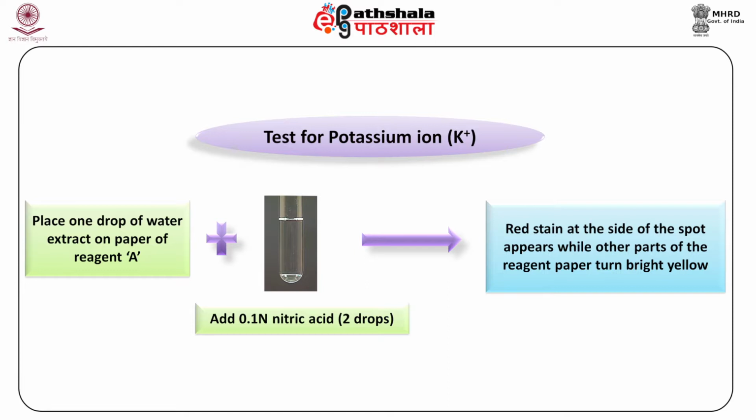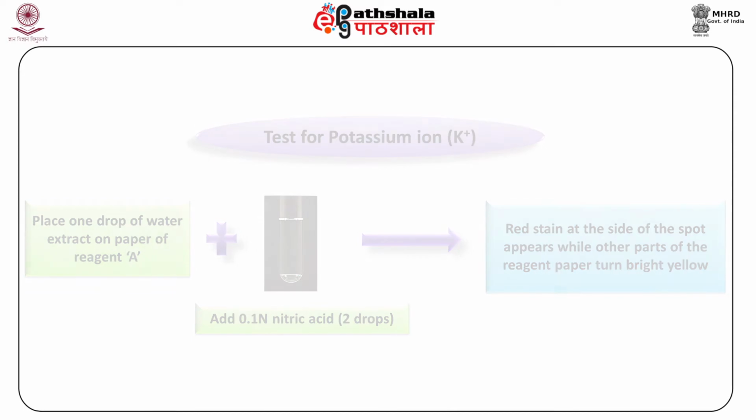A red stain at the side of the spot appears, while all other parts of the reagent paper turn bright yellow, which indicates the presence of potassium ion.